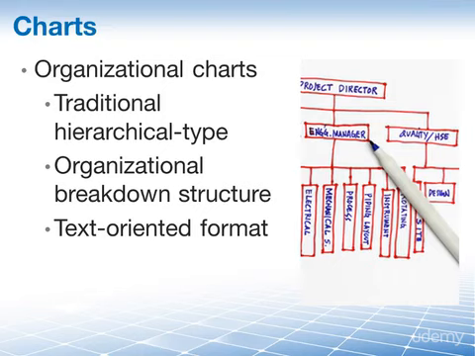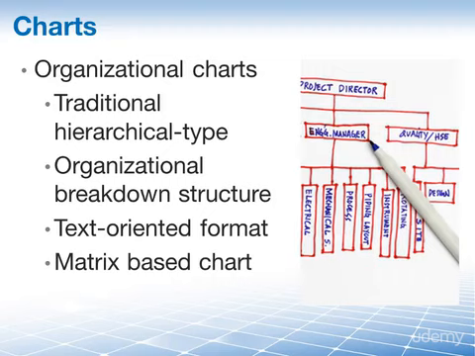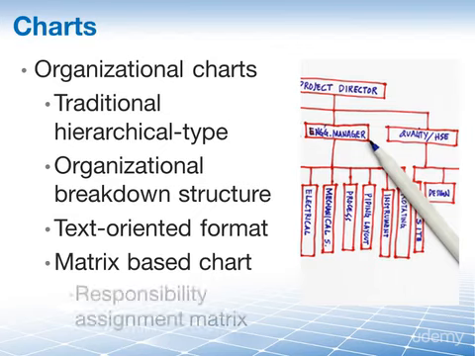Additionally, there are also matrix-based charts. Again, this is more visual. They are grids listing the various roles or team members and their responsibilities in reference to various activities or work packages. The matrix-based charts are also referred to as responsibility assignment matrices, or the RAM.